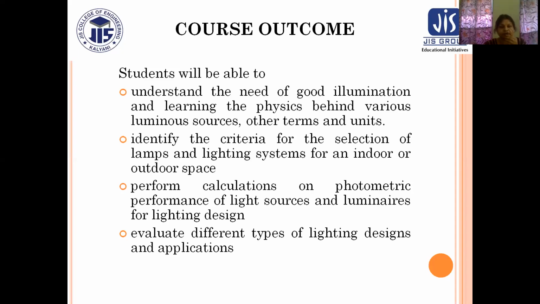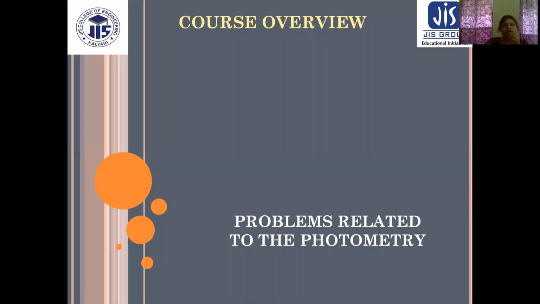They can perform calculations on photometric performance of light sources and luminaires for lighting design. They can evaluate different types of lighting designs and applications. Today's course overview is problems related to photometry.